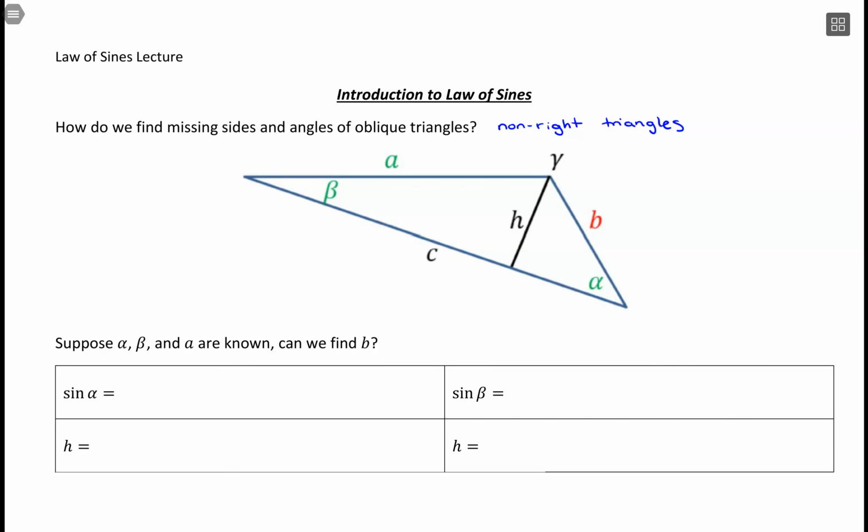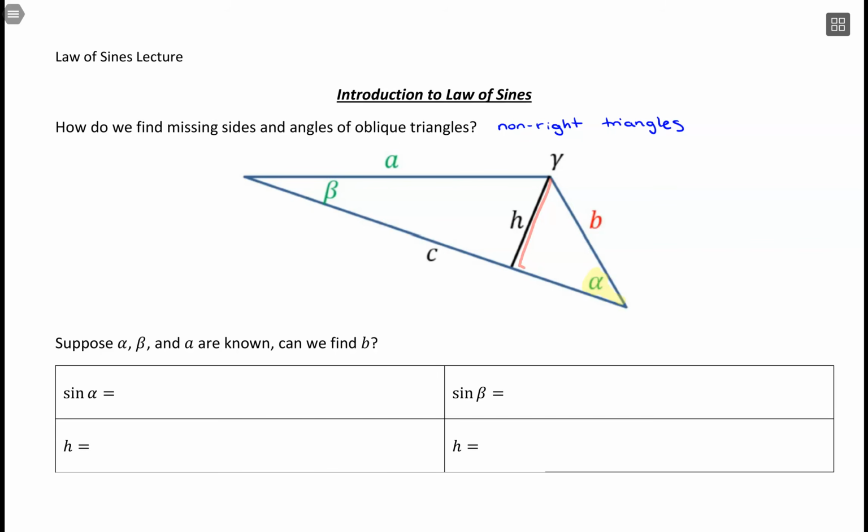All right, so let's say I wanted to evaluate sine of alpha. Alpha is us standing right here, and if I wanted to evaluate sine, that's opposite over hypotenuse, and like I was saying, sine only works with right triangles.